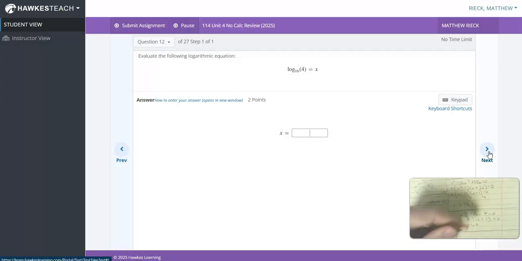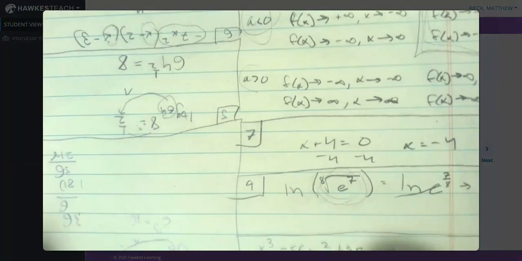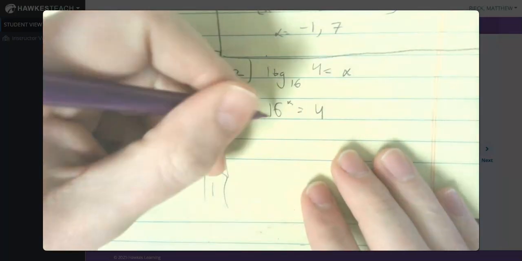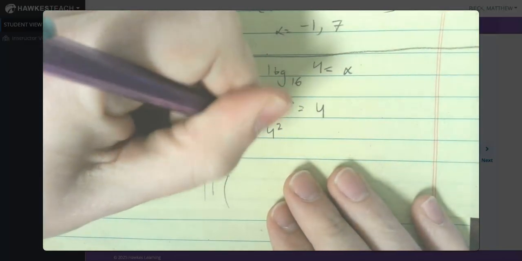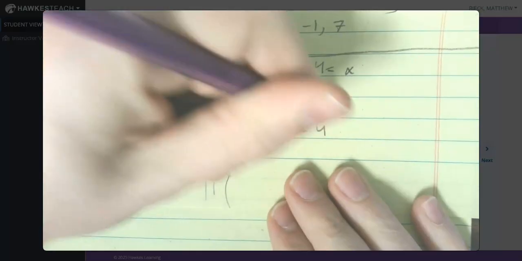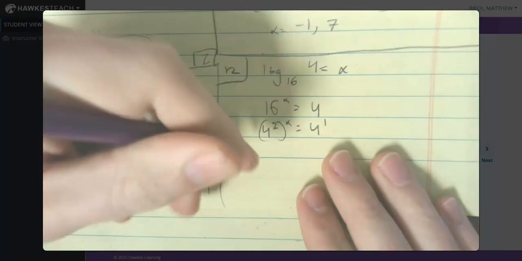Next one here, we have log base 16 of 4 equals x. Again, we can convert this to an exponential. So you have 16 to the x equals 4, and 16 is the same as 4 squared. So you have 4 squared to the x equals 4 to the first.